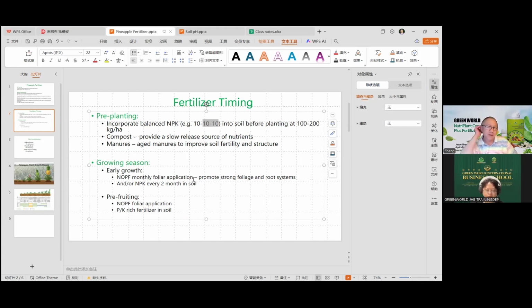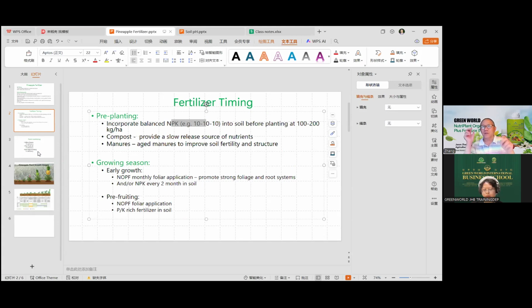Sometimes boric B is also important for the fruiting. If pre-fruiting season is already late, but we forgot, and we see the symptom that you need it, you still can add something. It may not work. So NPK is best put in before the planting season, not in the later season.